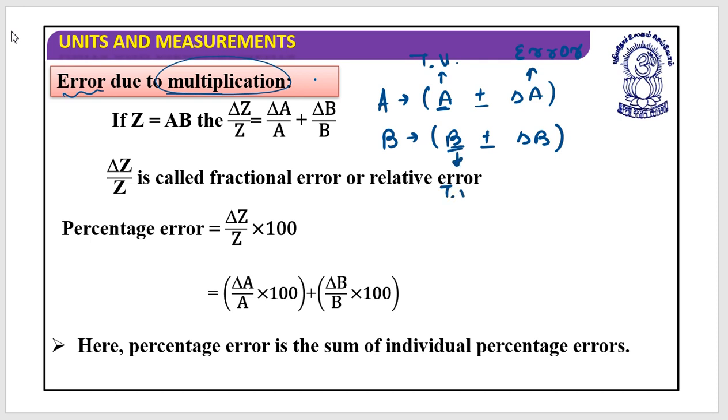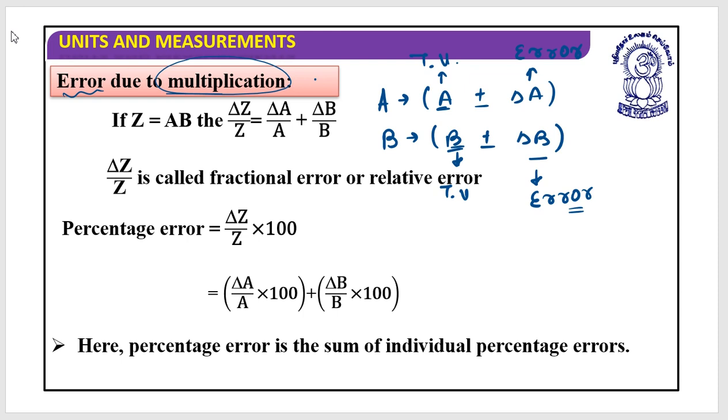B is a true value and delta B is an error. We discussed in the previous classes that whatever comes after plus or minus is an error associated with it, and whatever comes before the plus or minus sign is a true value.